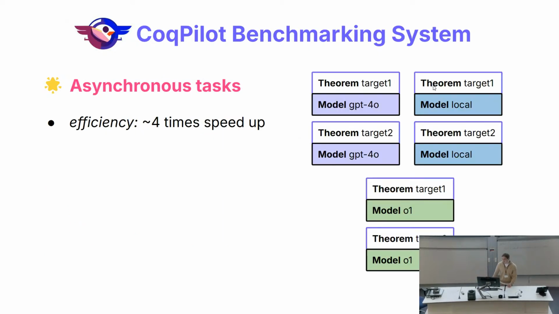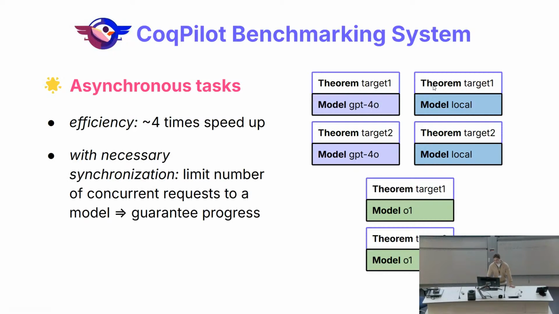Asynchronous tasks. So we measure the performance. We execute tasks asynchronously. Each couple between the model and the target is one task, and we execute them asynchronously and get performance efficiency of roughly 4 times in comparison to sequential execution, which is nice because sometimes you may have a benchmark experiment running for 4 days or something like this to check like 5,000 theorems on 5 different models.